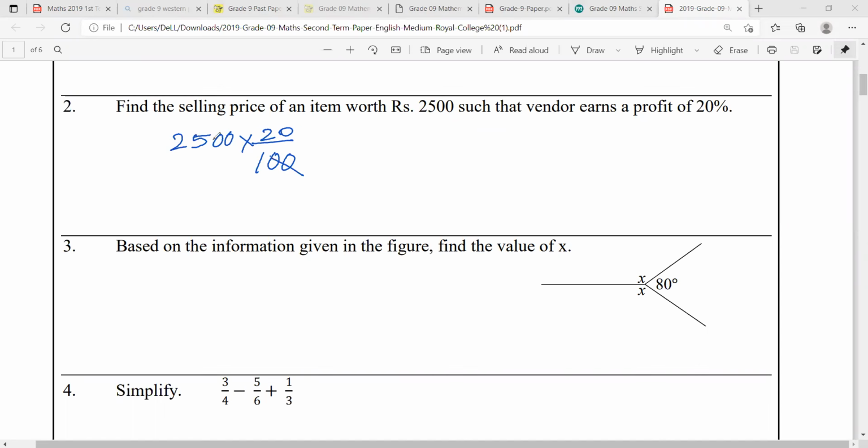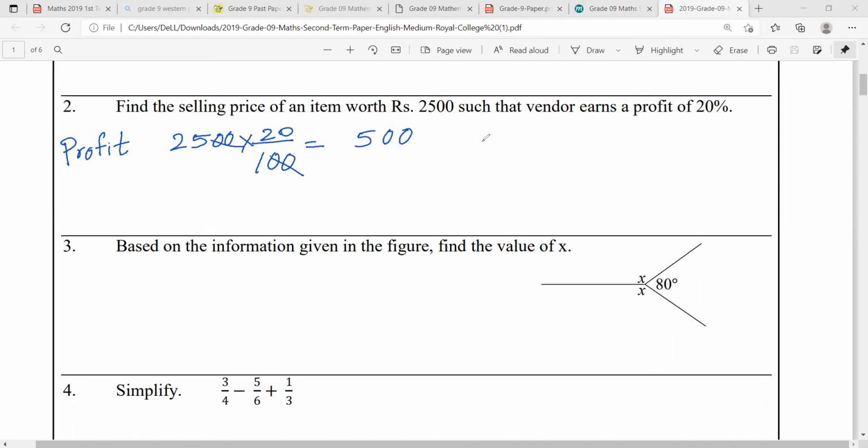You can cancel out this 2 here, and then you get the profit. This means 25 into 20, and you get 500.